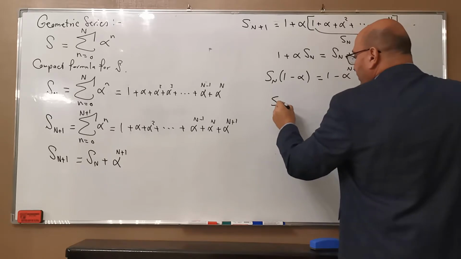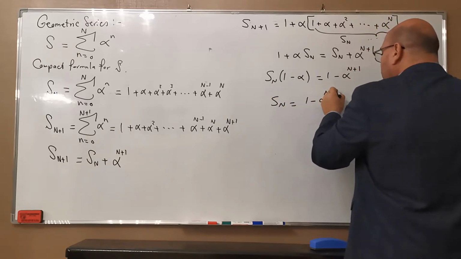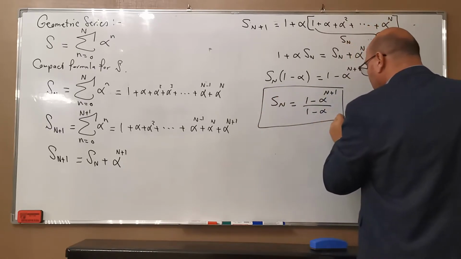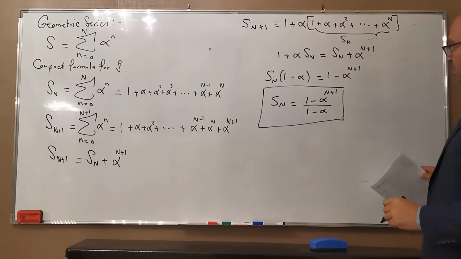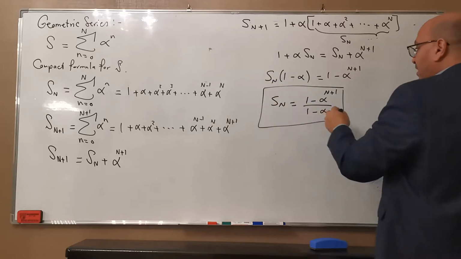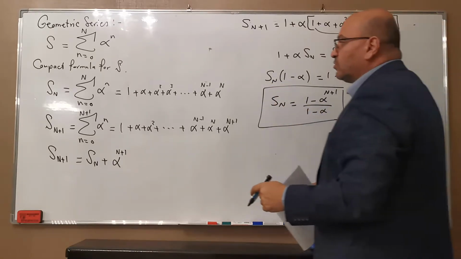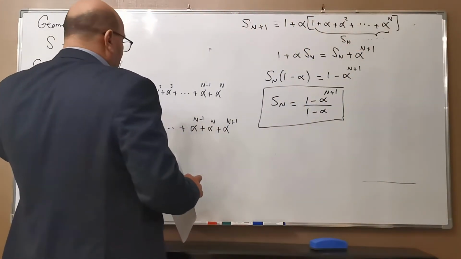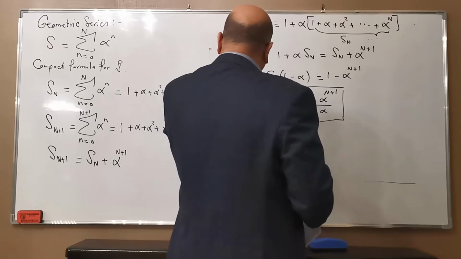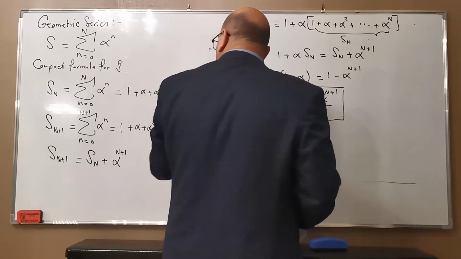Then S sub n is equal to 1 minus alpha to the power n plus 1 over 1 minus alpha. So this is our compact formula for the sum.